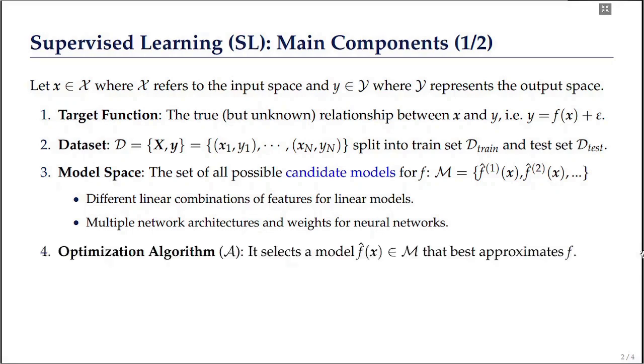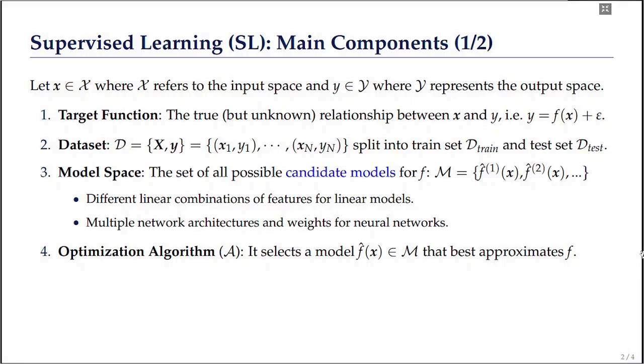And the fourth component of supervised machine learning is the optimization algorithm. The goal of the optimization algorithm is to select a model f hat of x from the model space M that can best approximate the target function f.